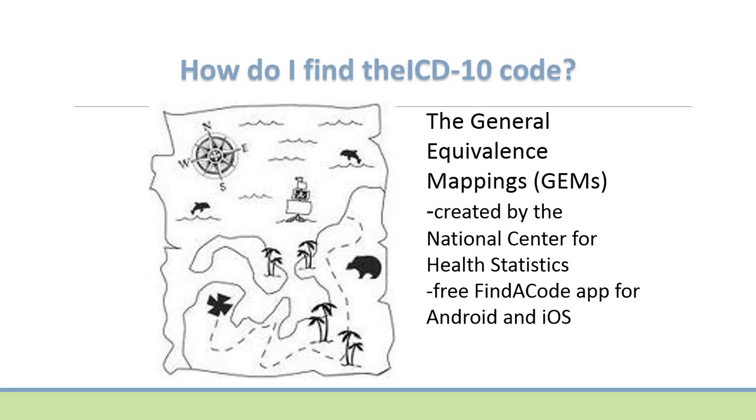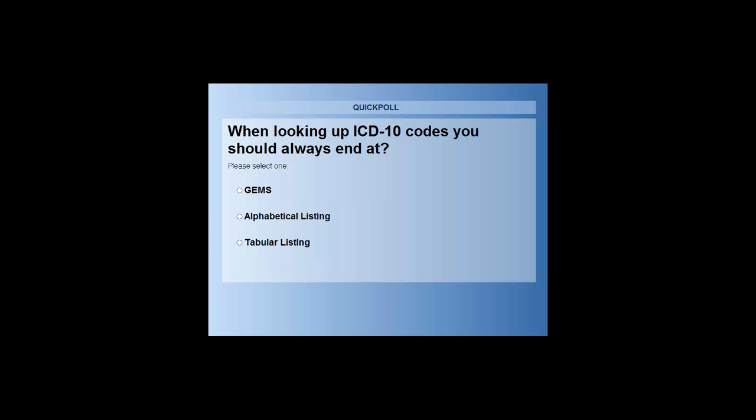While I give you a second, a reminder for those watching the recording: the polling questions are not interactive, so they're part of the test that came with the email. I am going to go ahead and launch the poll now. When looking up ICD-10 codes, you should always end at GEMS, alphabetical listing, or tabular listing. We'll give everybody a second to vote on that.